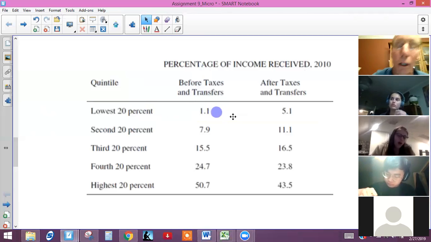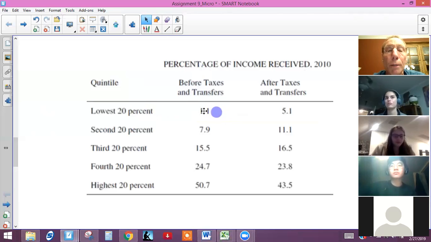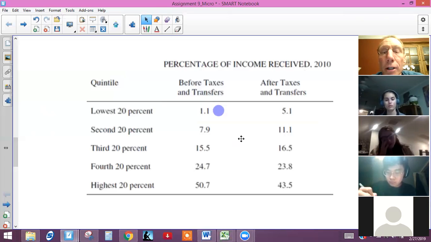So they got very little, right? That doesn't seem fair at all, that the lowest 20% would only get 1% and the highest 20% got half. That's what we would call an income distribution that's not very equal. It's just not very equitable.